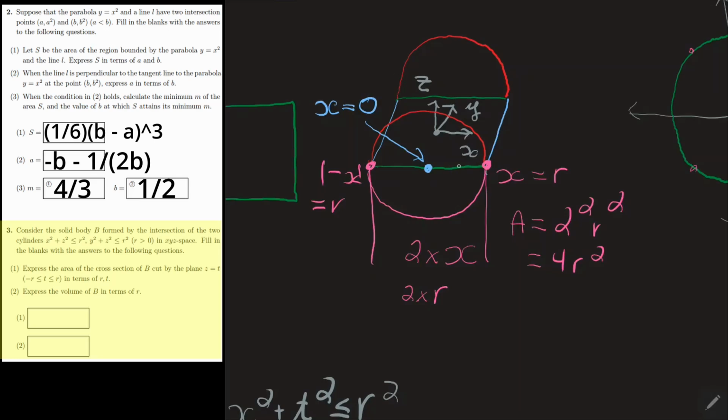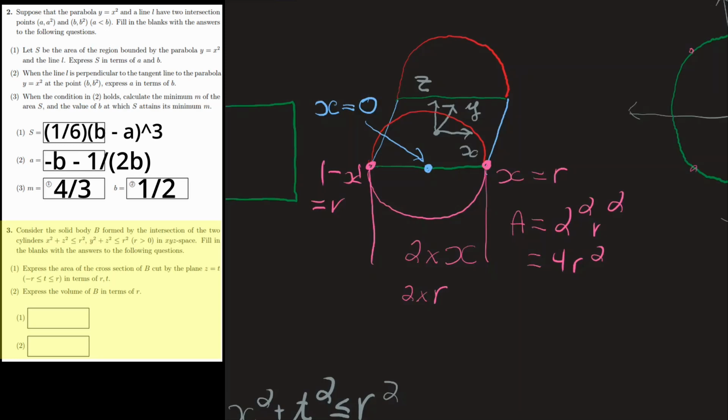Because our cylinder is being cut right through the middle, which means that t is equal to 0, because z is our up and down axis that we're cutting it right through the middle of. Of course, the question doesn't want us to just find it when t equals 0. It wants us to find the area for any t.